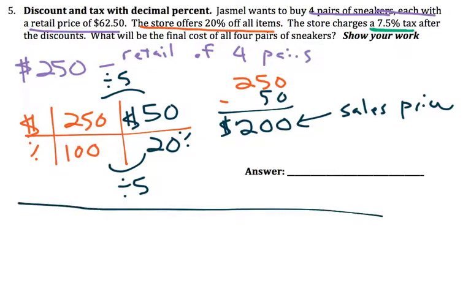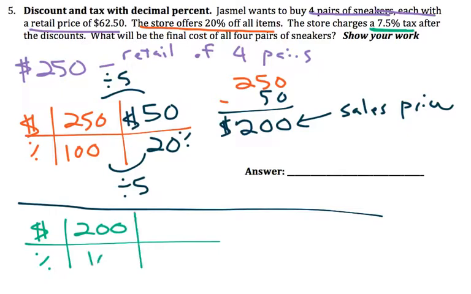And then next we have our tax. So the $200 is our sales price, and that becomes our new 100%. Now we're trying to get to 7.5%, and I'm going to use the unit rate strategy. So I'm going to divide by 100, which just gets rid of the zeros, and we end up with $2 is 1%. And then I'm going to multiply by 7.5.